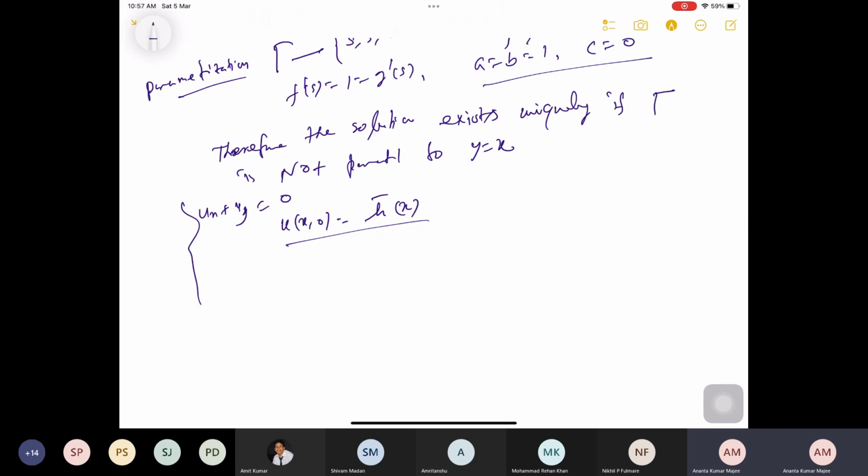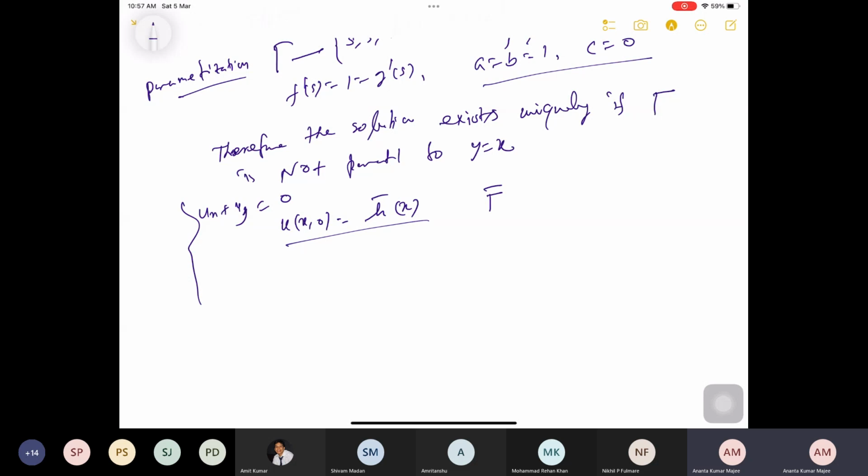Then if you solve this, and h bar is such that, if I put u of x, 0 equal to h bar of x, you see that if you consider gamma bar as the initial curve in this case, this is non-characteristic. So I can have a unique solution in this problem.